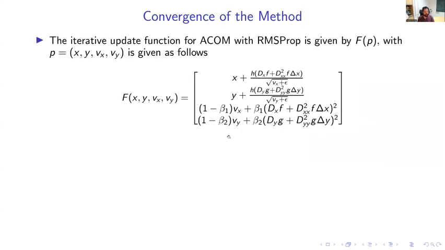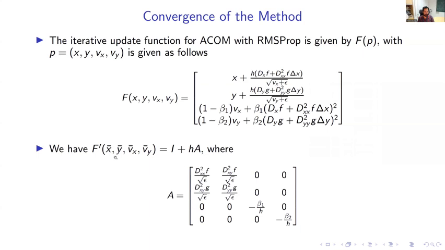So just a quick remark on the convergence of the proposed method. As I said, we do a full-scale analysis with RMS prop. So these are the complicated steps that look like RMS prop combined with the second order updates that we do. And this is the fixed point iteration we look at.